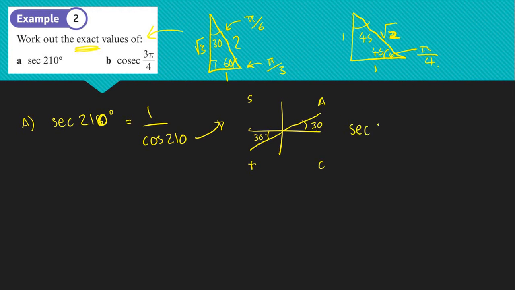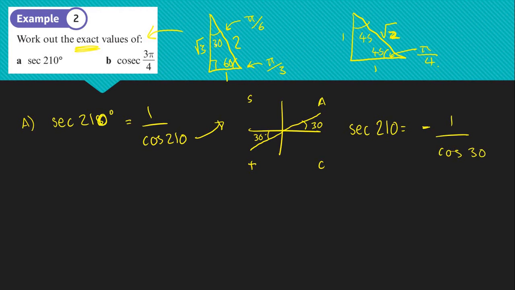So sec of 210 is going to equal negative of 1 over cos of 30 degrees. And it's negative because this is a negative quadrant for cos. So it's also a negative quadrant for sec. They're the same quadrants. 1 over cos of 30, so that is the adjacent over the hypotenuse.